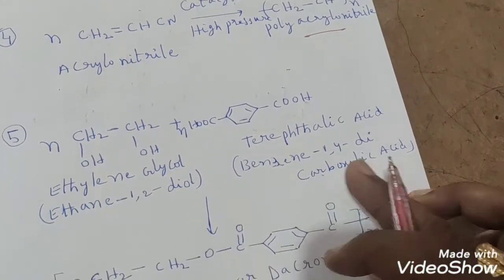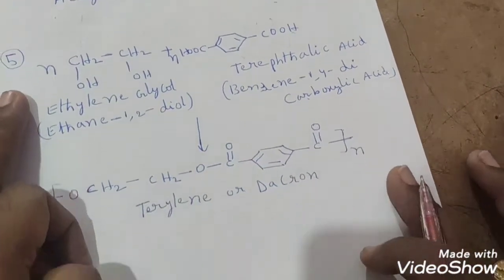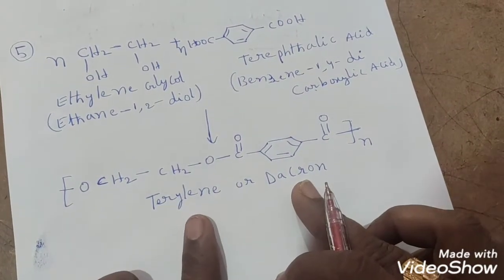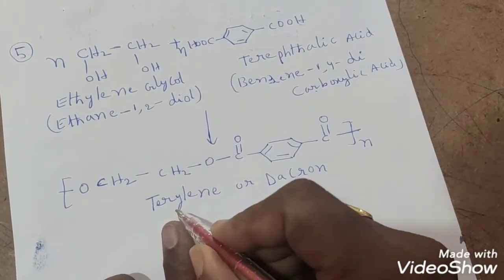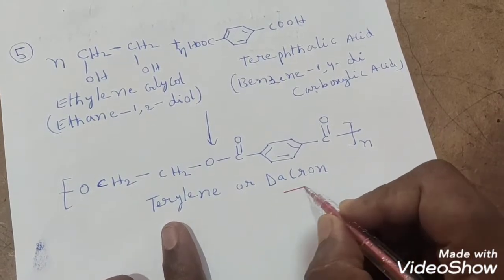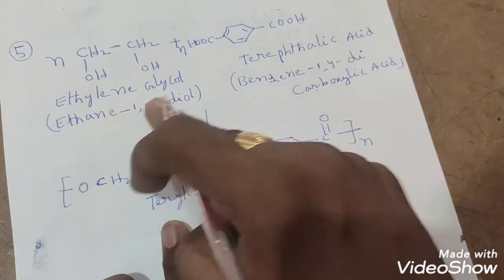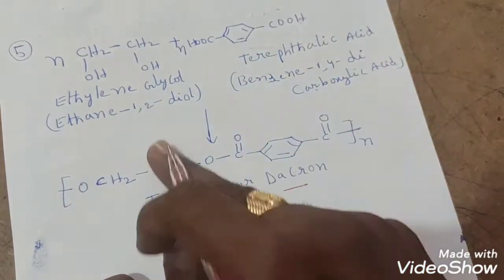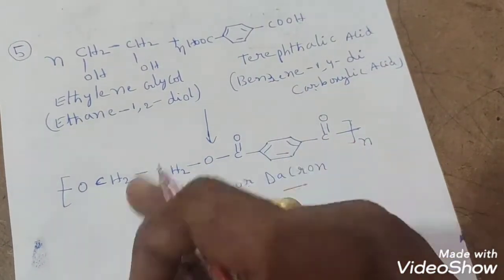Yes. Now one more polymer, if you observe, I have given to you here: terylene or Dacron. Terylene or Dacron came from ethylene glycol and terephthalic acid, students. This is the overall structure of Dacron.